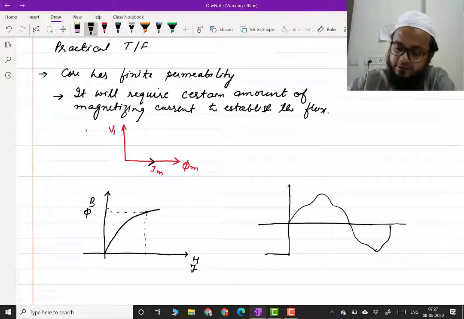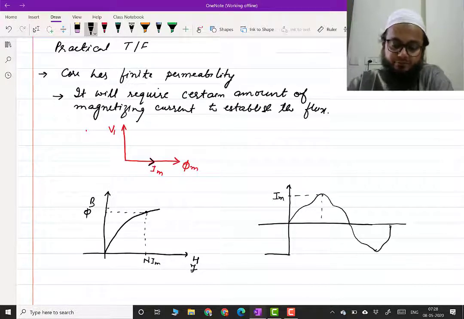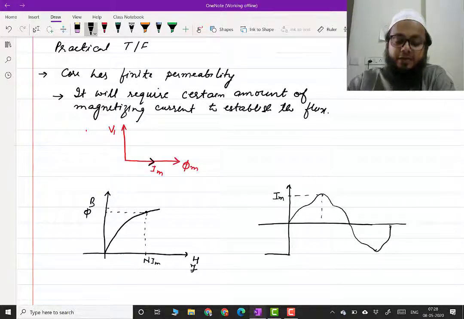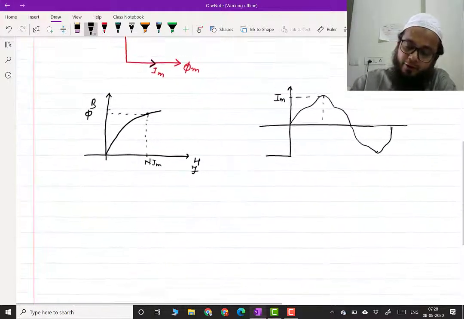Okay, so this is Im. This Im corresponds to this MMF here, and the peak of it would be here. So the Im is actually lagging the applied voltage by an angle of 90 degrees.